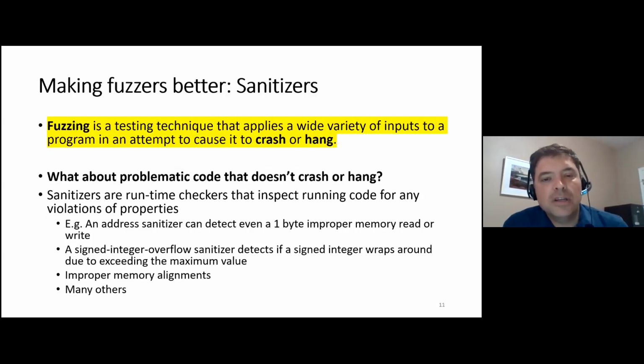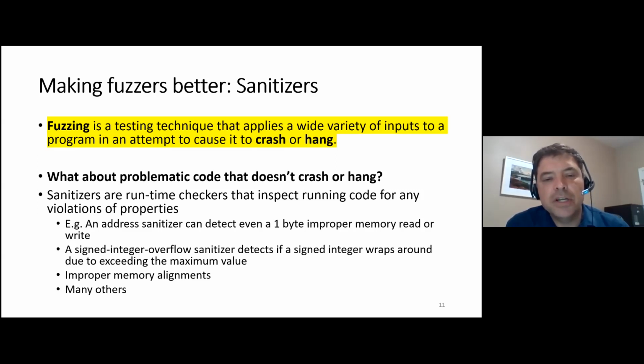I mentioned that fuzzing is a technique to look for crashes or hangs. But what if you have a problem in your code that doesn't actually cause a crash or a hang? What if you just read 1 byte more than you're supposed to be reading from an array? That might not crash the program. You might get some garbage back.